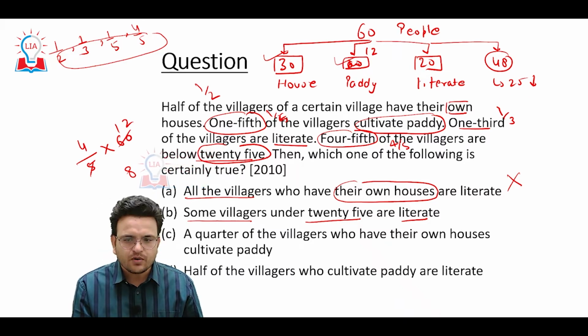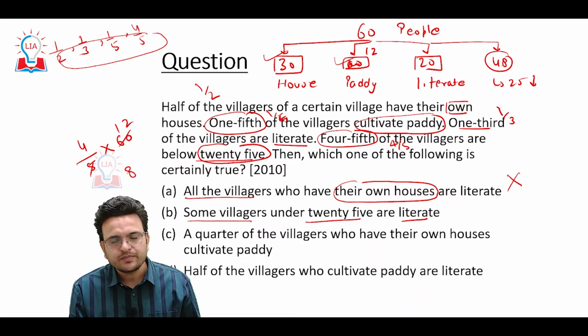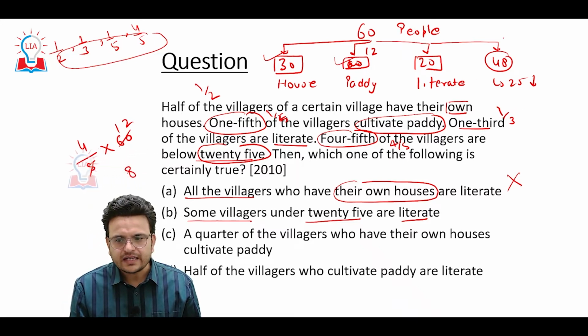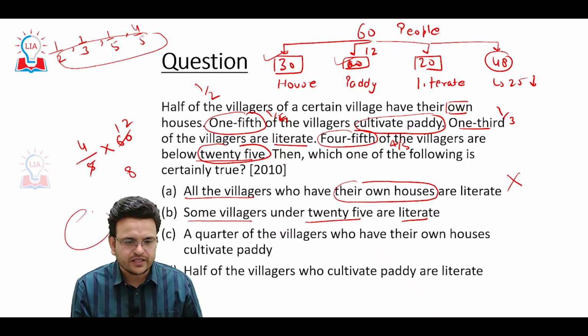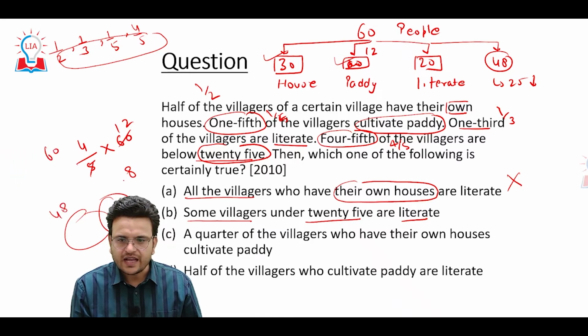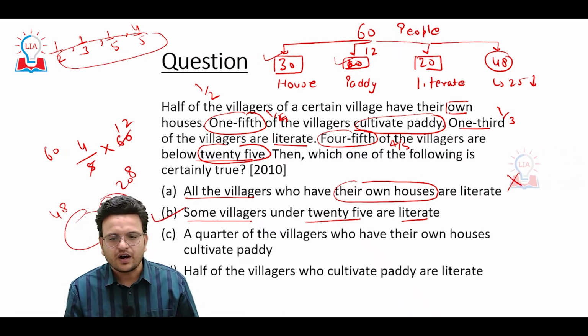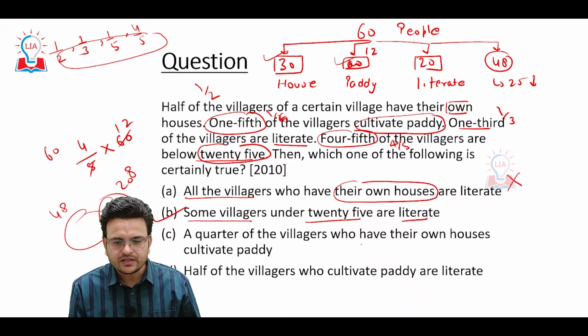Among them, some of them will be literate. How? Total is 60, and we have 48 and 20, so some of them definitely will be literate. So the answer will be B.